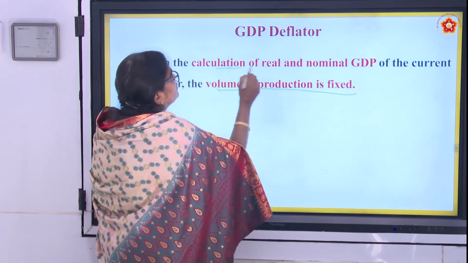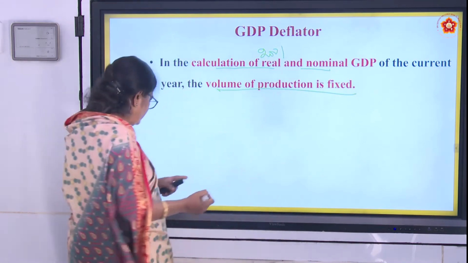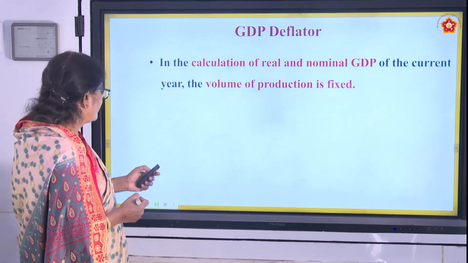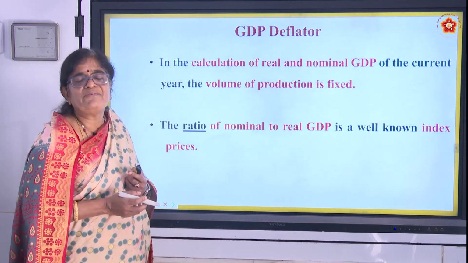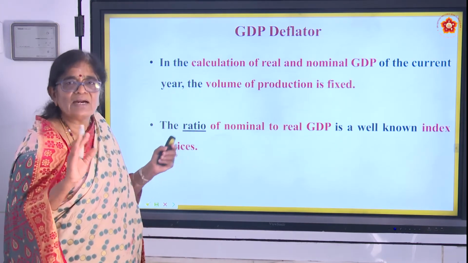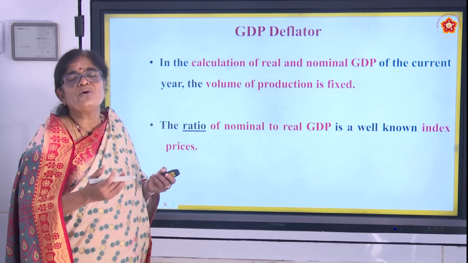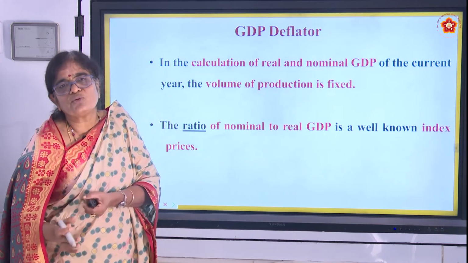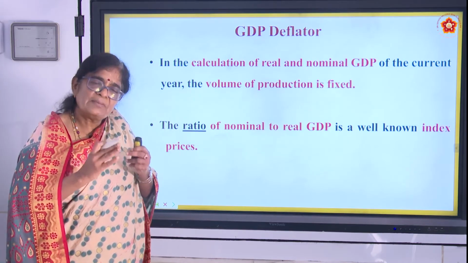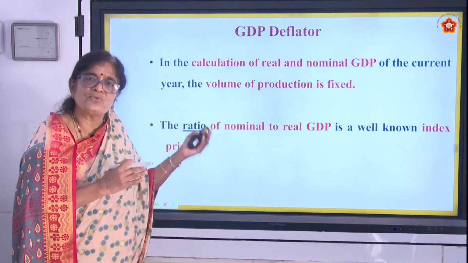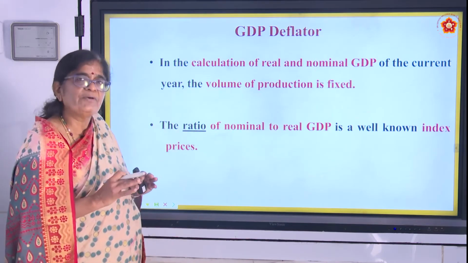Here is the calculation of real GDP in 2001, both nominal and real. And therefore, this GDP deflator is called a price index. Why? Here only prices change. Thereby we come to know how much prices have gone up between 2000 and 2001, because we keep the product fixed. 110 bread in the 2001 nominal GDP, 110 bread in the 2001 real GDP also.